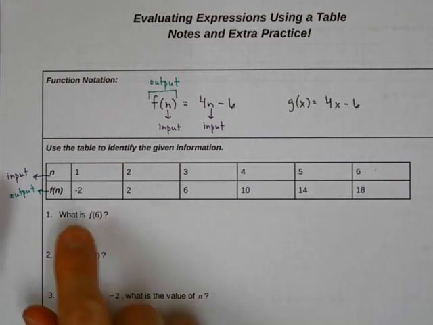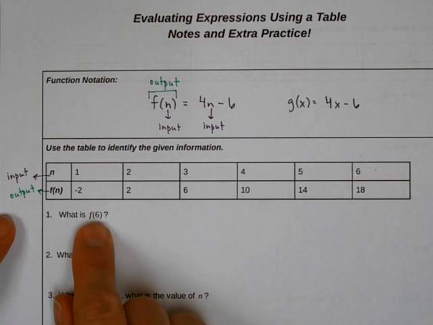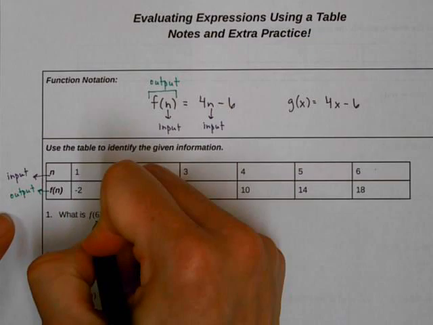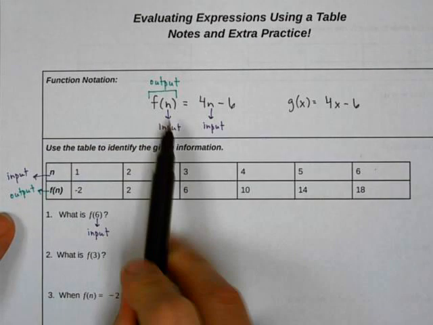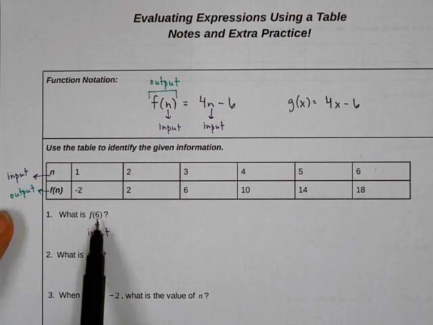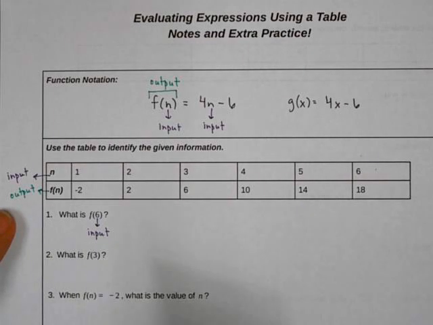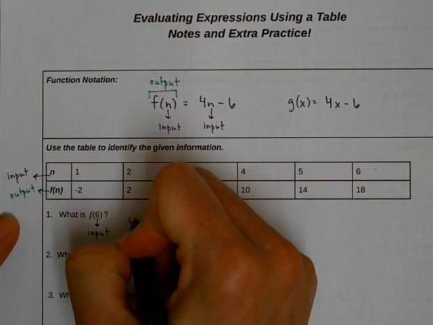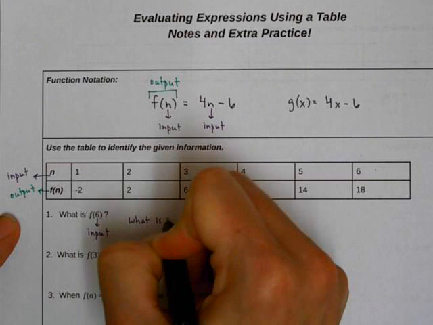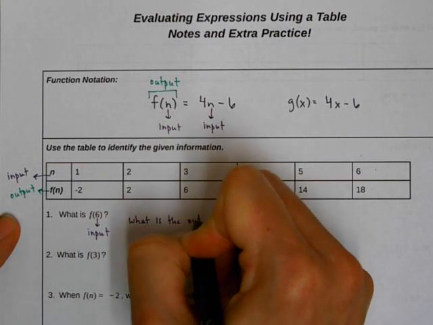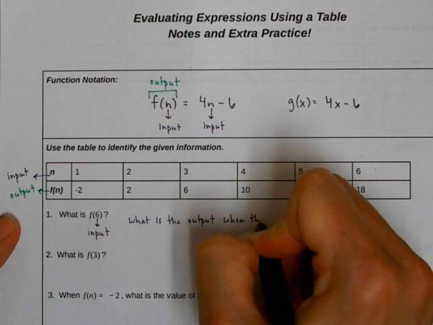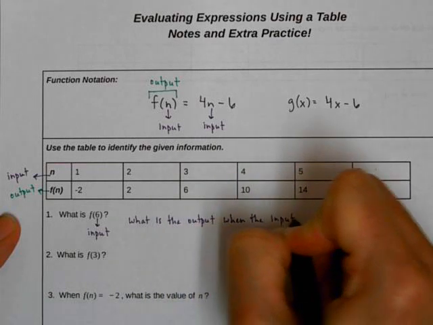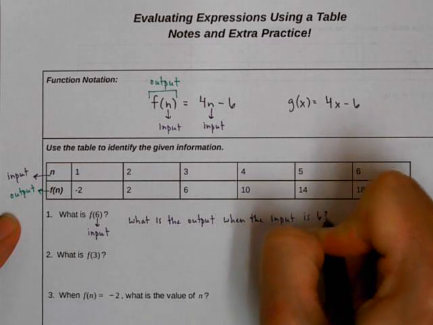So my first question says, what is f of 6? Now notice in this case, they're telling me what the input is. The input is always inside the parentheses, so they're telling me that my input is 6. So really what this question is asking is, what is the output when the input is 6?